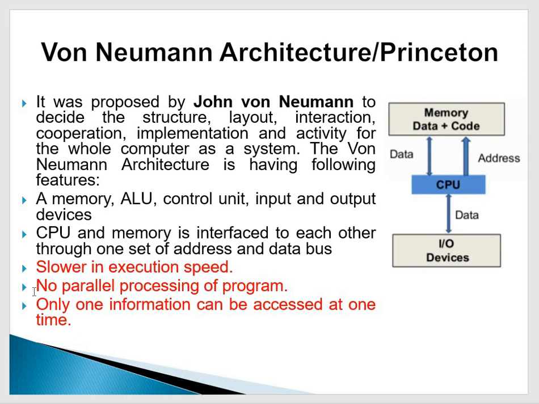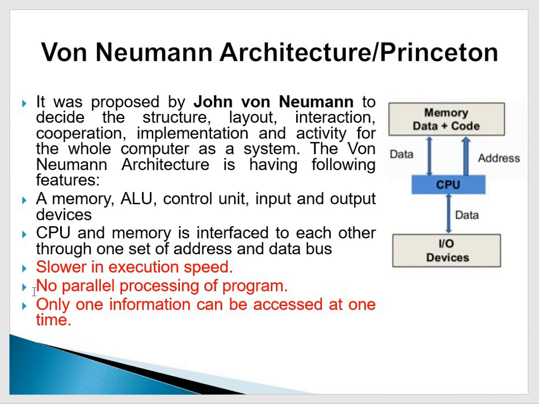The second disadvantage is no parallel processing of the program. No parallel processing of the program is possible in this case, because only one set of address and data lines is there. If we want to perform parallel processing of programs, how will a CPU fetch the opcodes of two different programs, because it has only one set of data and address lines?